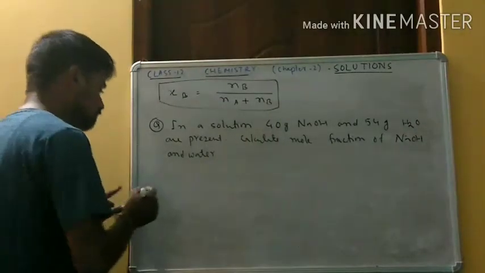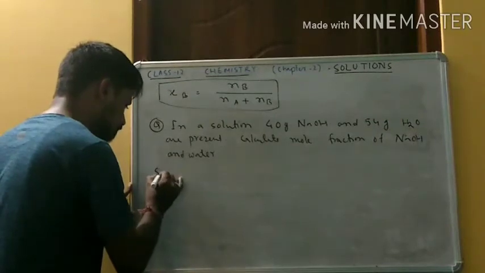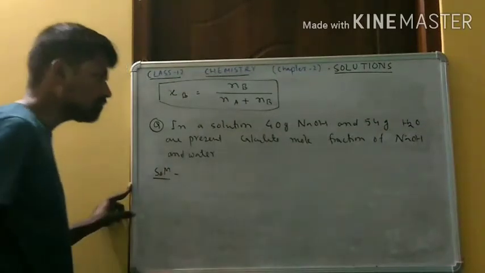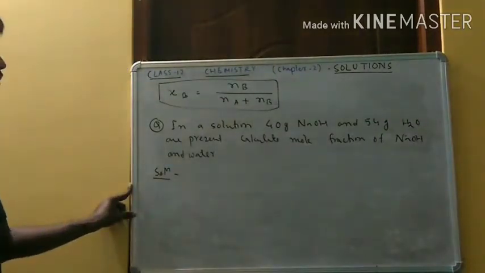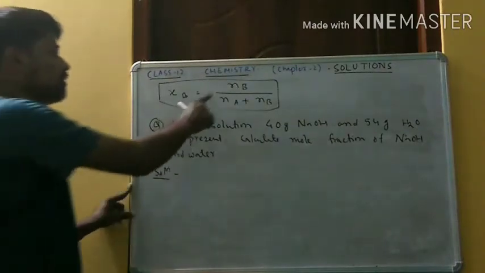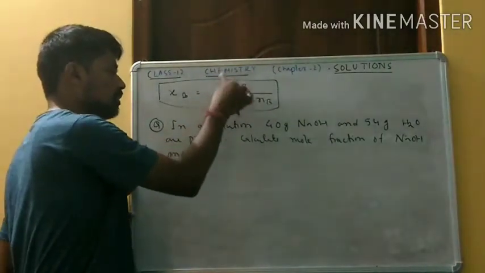We know that the formula of mole fraction is the number of moles of solute divided by the total number of moles.